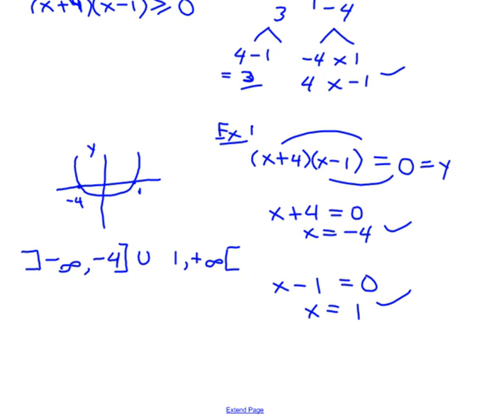Same thing for 1. At point 1, it's not greater than 0, but it's equal to 0, so you would include it. Remember, the only time you exclude at the points is if you don't have the equal part. Whenever you have the equal part, you include the points where it actually touches the x-axis.